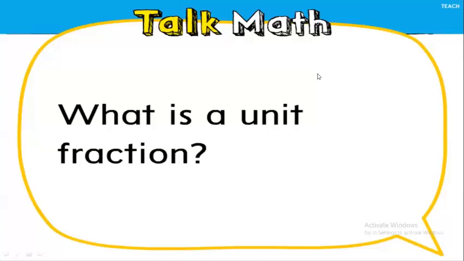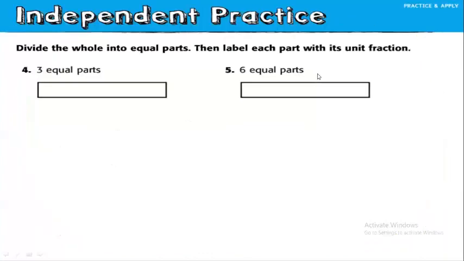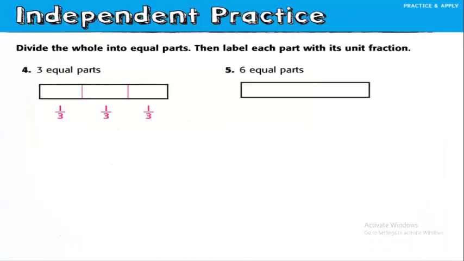What's a unit fraction? A unit fraction is one part of the whole. So here, if we shaded this part, this part is one of the whole. So divide the whole into equal parts, then label each part with its unit fraction. So here, 3 equal parts.